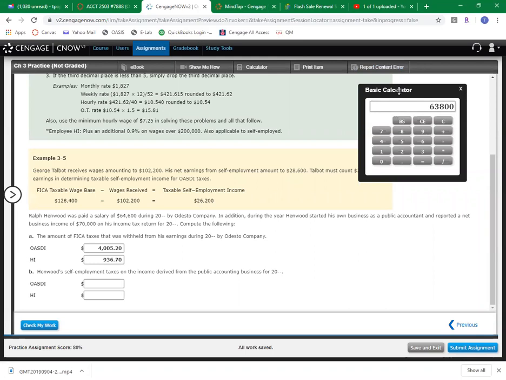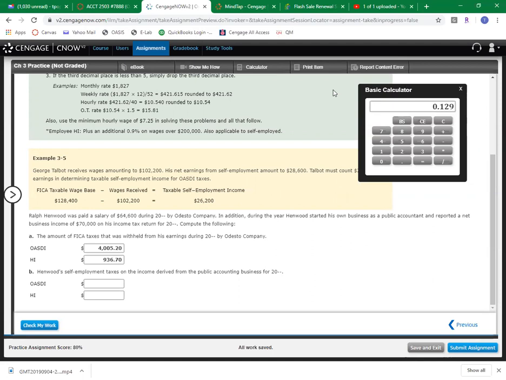So $63,800 of the $70,000 self-employment income is taxable. The other exceeds the 128,400, which is about 6,200. So that 6,200 exceeds the amount that he should be taxed on. So 63,800 is his taxable income for self-employment taxes.